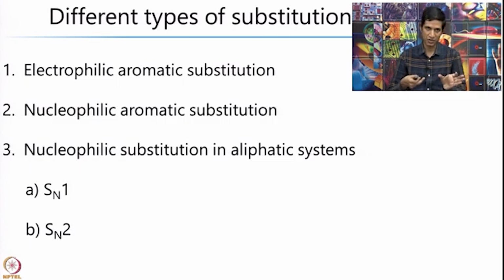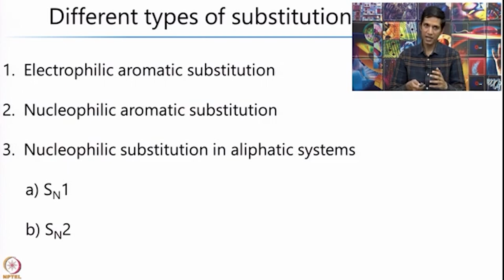Electro stands for electron, philic stands for loving. So these are the kinds of species which love electrons. Similarly, the word nucleophile stands for species which love nucleus, that is they love the positive charge. So these are typically negatively charged species, or which have excess electrons around them.